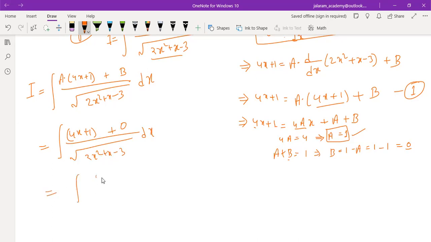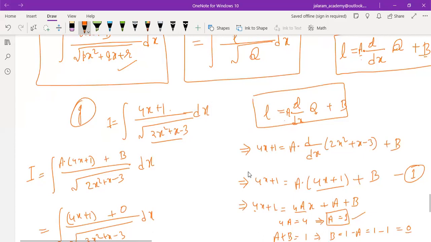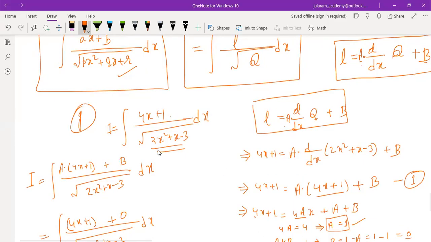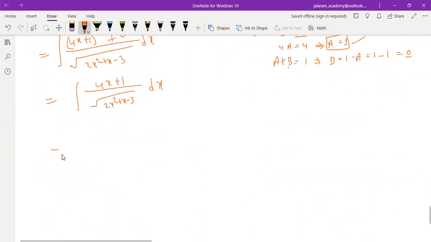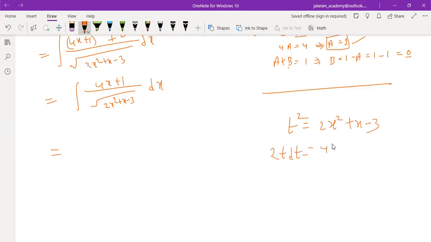So why have we done this? I have discussed this so that you can solve the other questions which use the same concept. Though it can be done directly when we observe that inside the square root there is 2x square plus x minus 3. What is the advantage of taking this? If you take t square as 2x square plus x minus 3, we get 2t dt equals 4x plus 1 into dx.